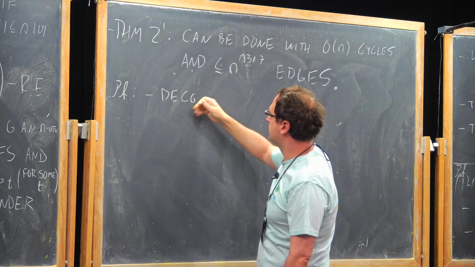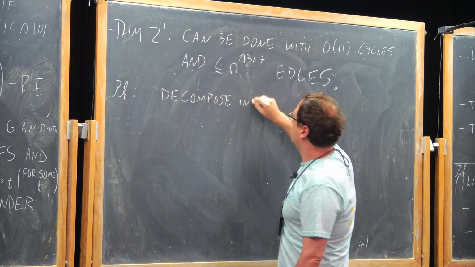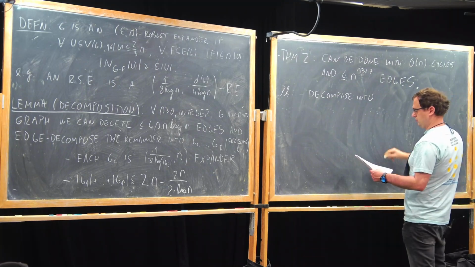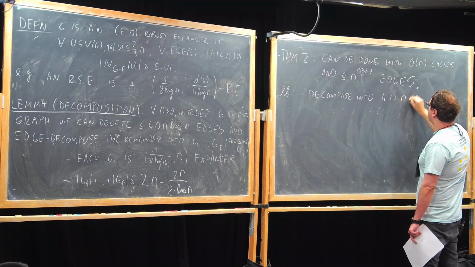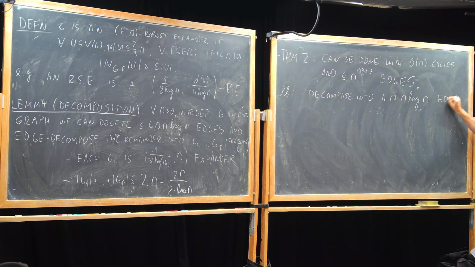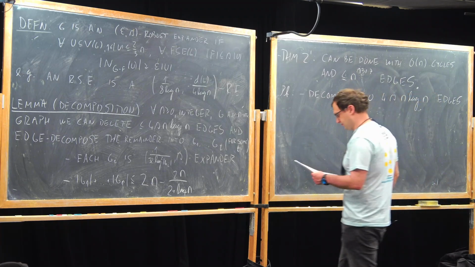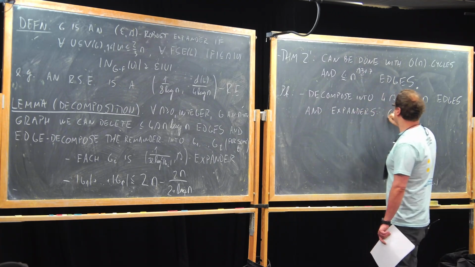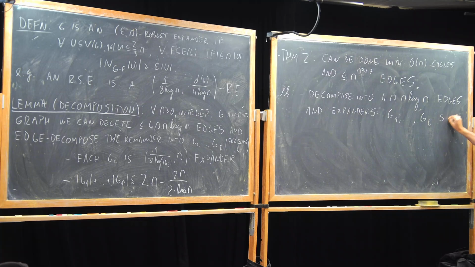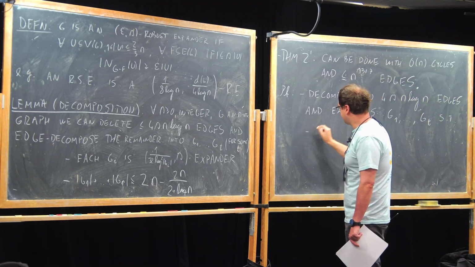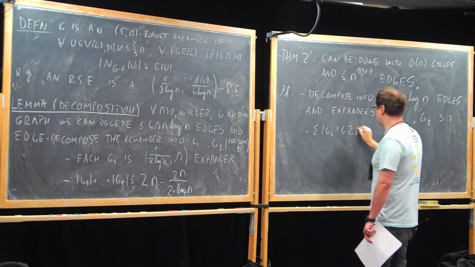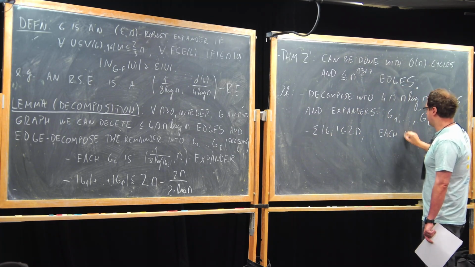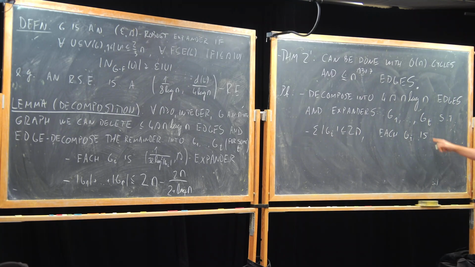So apply our decomposition for the second time into 4s times n log n edges, and expanders G1 to GT such that the sum of the orders of the Gi is at most 2n, and we have that each Gi is a 1 over 32 log squared n sparse expander.